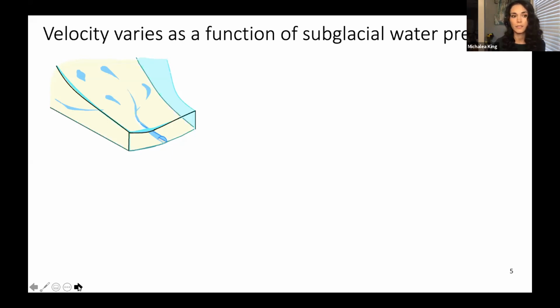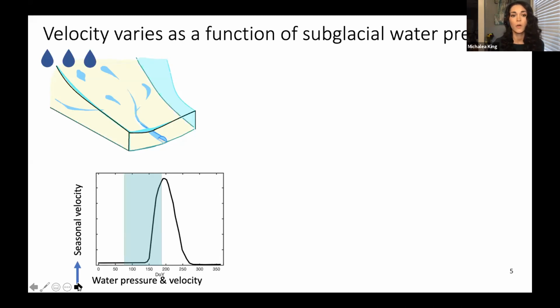So at the onset of the melt season, when we add water, we expect this to rapidly increase basal water pressures because that water does not get readily evacuated. So at the beginning of the melt season, increases in basal water pressures correspond with increases in ice velocity. So we would be in this light blue zone here.